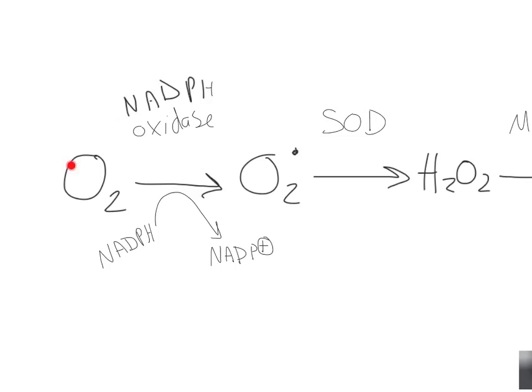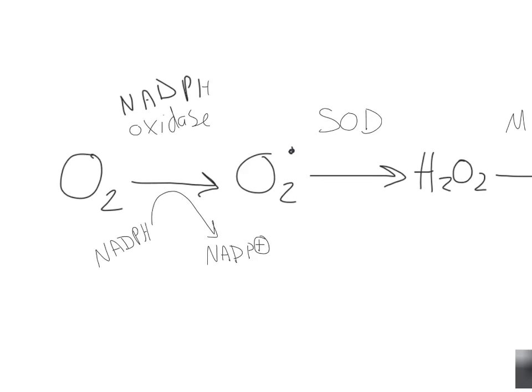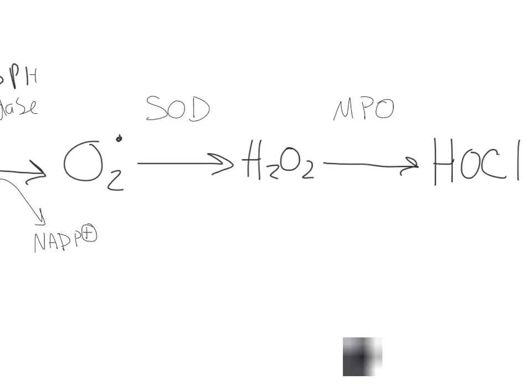What we have is oxygen right here, and by the enzyme NADPH oxidase, oxidizing the NADPH, we are turning oxygen into superoxide, which is basically giving it an extra electron. Then we're using superoxide dismutase, that with water we can turn superoxide into hydrogen peroxide.